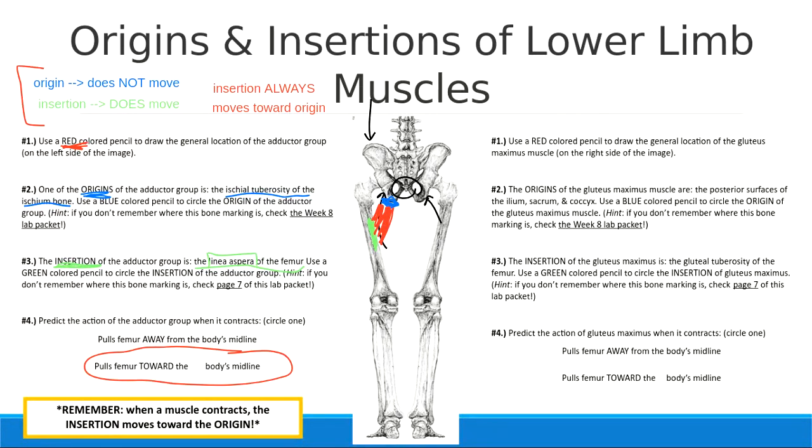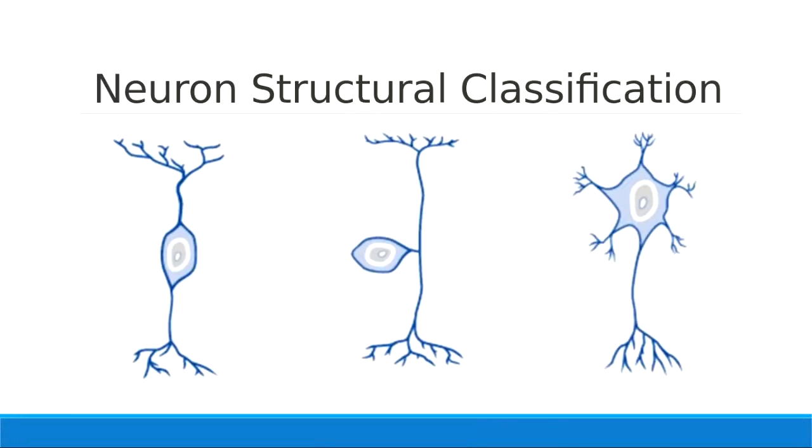Okay. Let me pull up, let's go here. All right. So when we are talking about the types of neurons in the body, there are two ways to classify them.